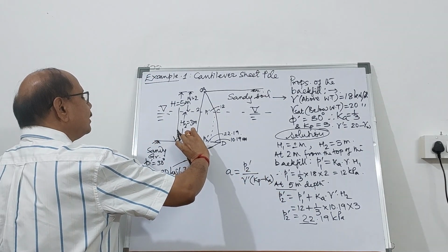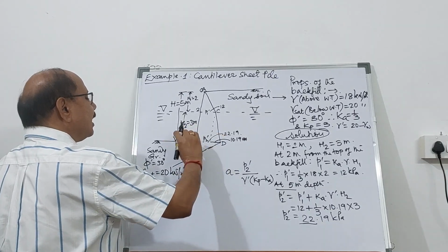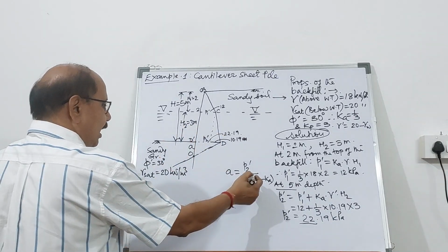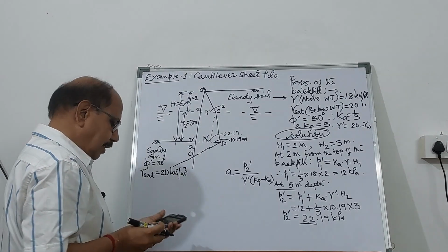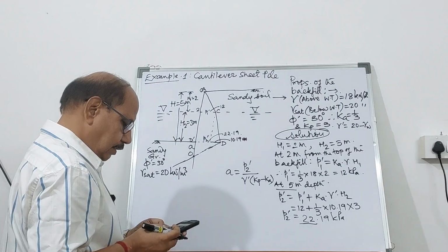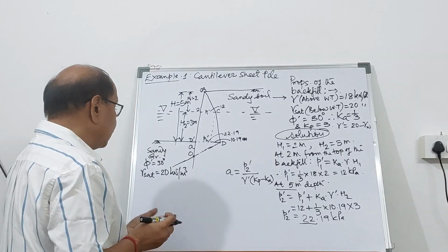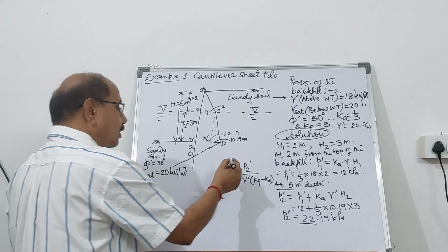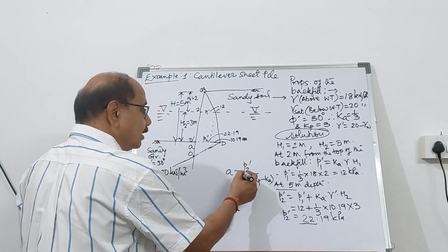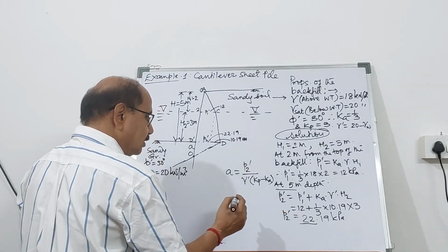Now here it is going to be passive this side, active from this side. So naturally the expression that we have already seen in our theory, and therefore we can calculate. Now P2 prime is already known to us.